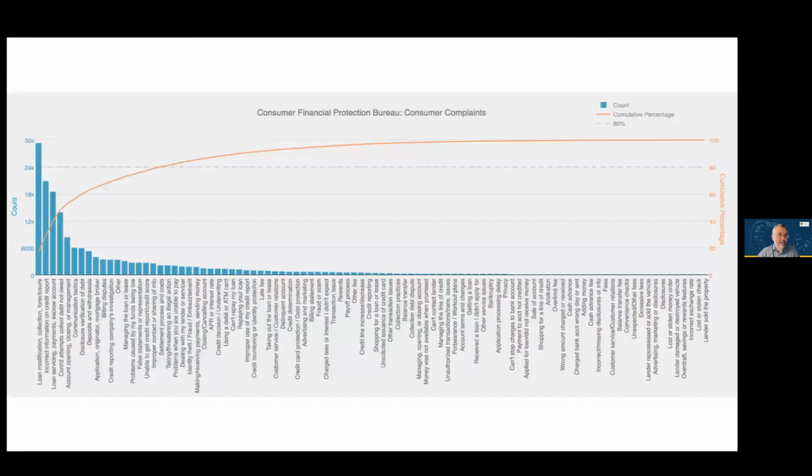Another way to look at this is with this chart of consumer complaints for the Consumer Financial Protection Bureau here in the US. If you look across the bottom, it's small text, but those are different categories of complaints. Basically, 30,000 people complained about this particular thing.